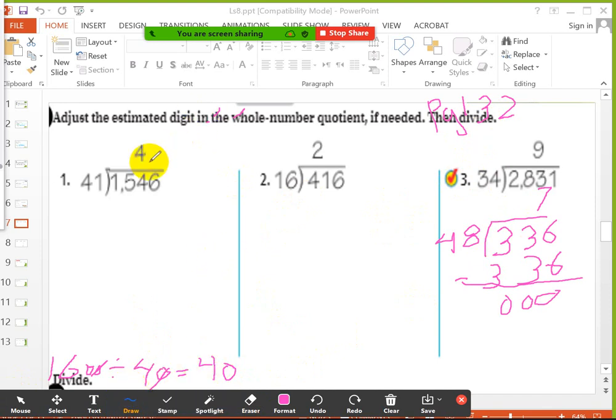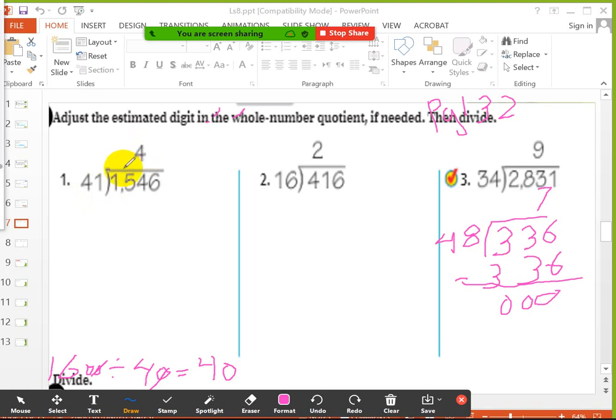Let's find the answer and compare the quotient and the estimation. If I choose the first digit in the quotient, 4, I will use it here. 154 divided 41, it will be 4.